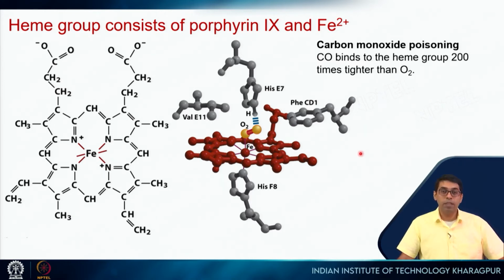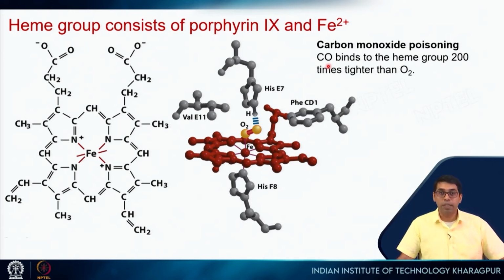So, it will prevent the hemoglobin from binding further oxygen, which means that the number of available hemoglobin molecules will decrease if there is carbon monoxide present. That will result in a lower supply of oxygen, and that is carbon monoxide poisoning, and it is very dangerous because carbon monoxide is a colorless and odorless gas.